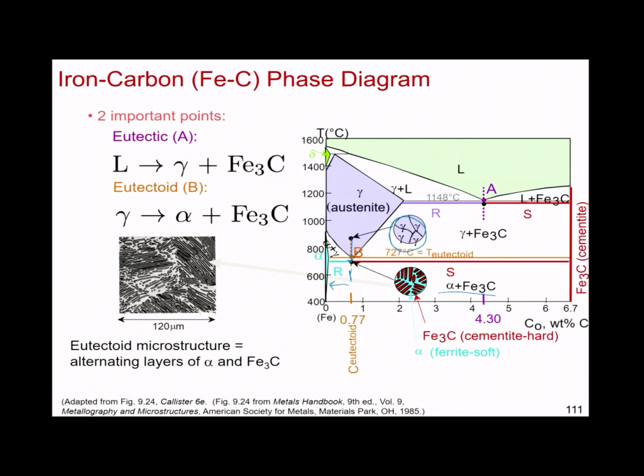So it's nowhere near 50-50. That's what you would expect. And you would have to use an objective lens with greater magnification to really magnify the area to even see those areas of Fe3C. So this is what we'll be concentrating on for the rest of the module.